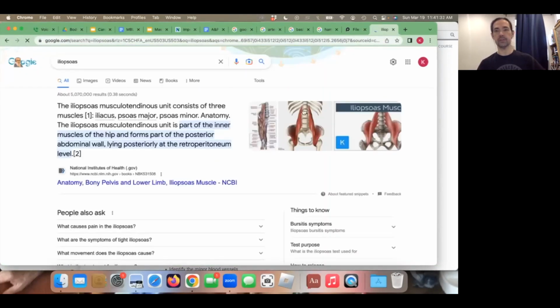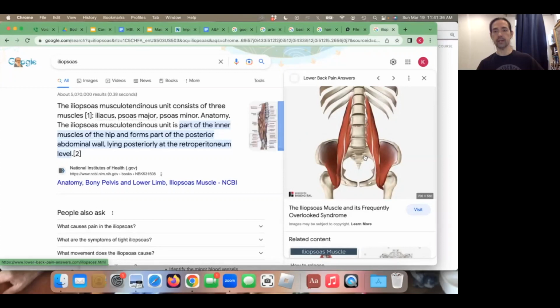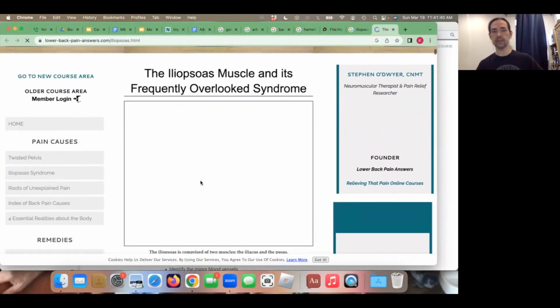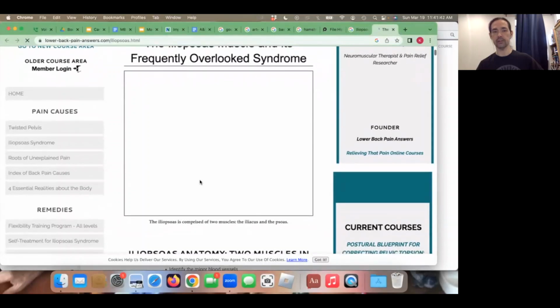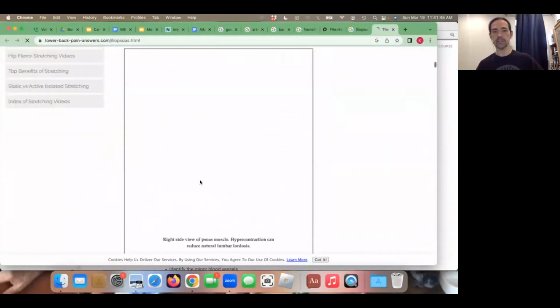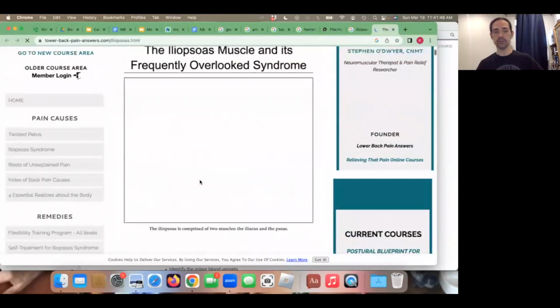And this is a term that you very well may see. So if you look at the iliopsoas muscle and its frequently overlooked syndrome, I'll give you a couple of hints clinically, which you're not going to be tested on.